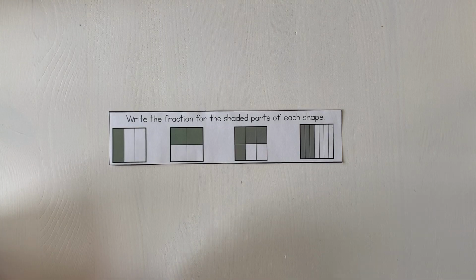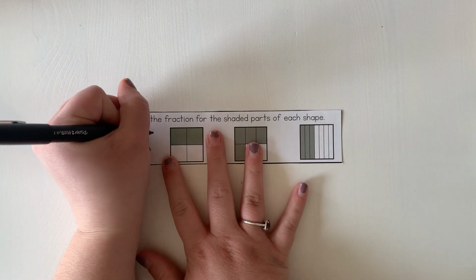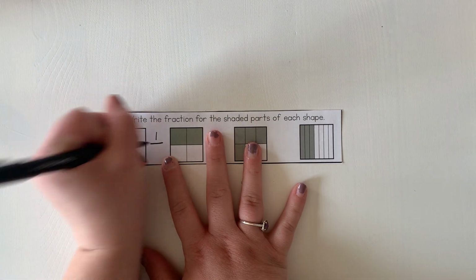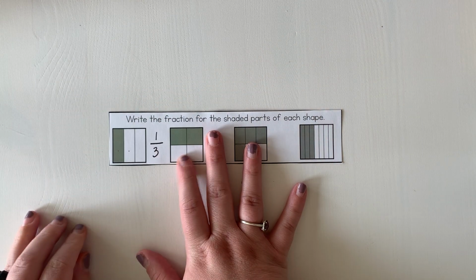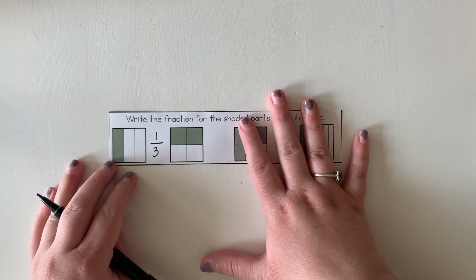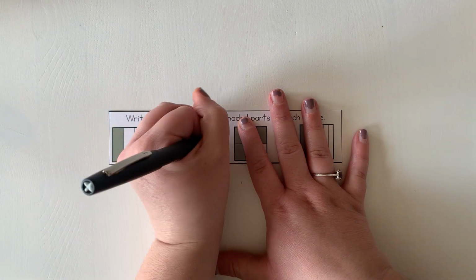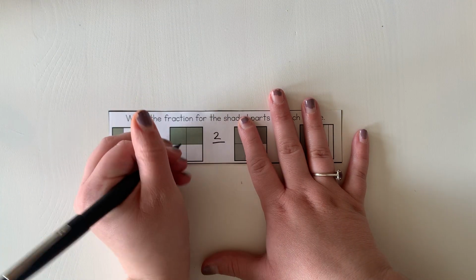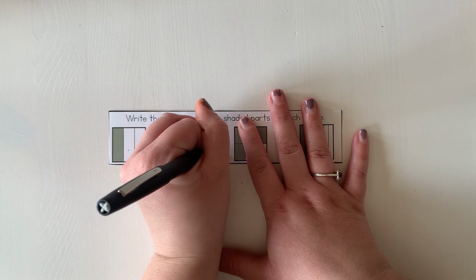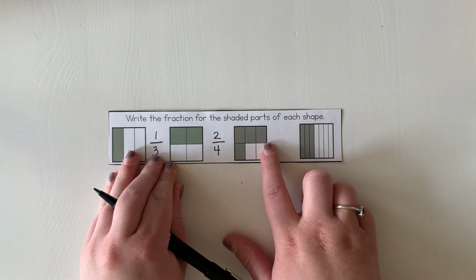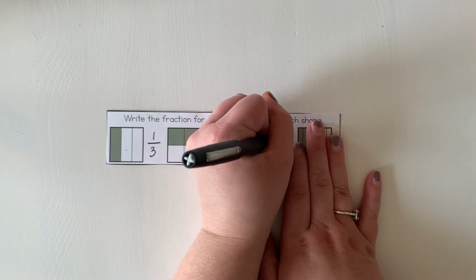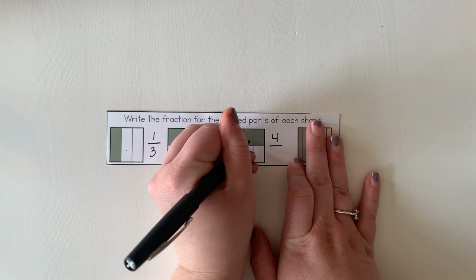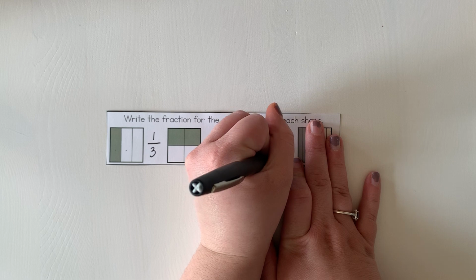So this first fraction has one part shaded out of 1, 2, 3. So 1/3 is shaded. The second fraction has 2 parts shaded out of 1, 2, 3, 4. The third one has 4 parts shaded out of 1, 2, 3, 4, 5, 6.